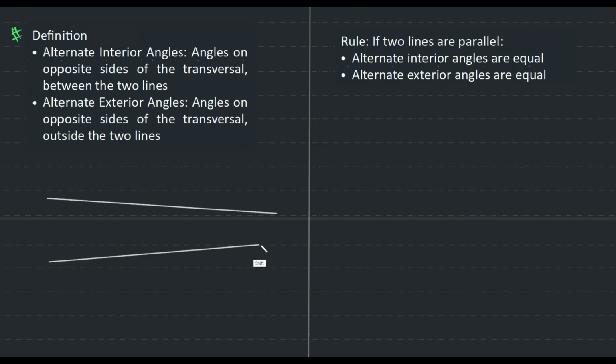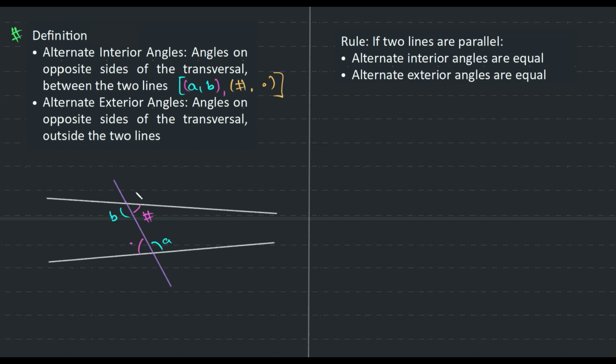So if we have two lines and a transversal line, this and this are your alternate interior angles. A, B is one pair of your alternate interior angles. The next pair is the hashtag and the dot, which are also alternate interior angles.